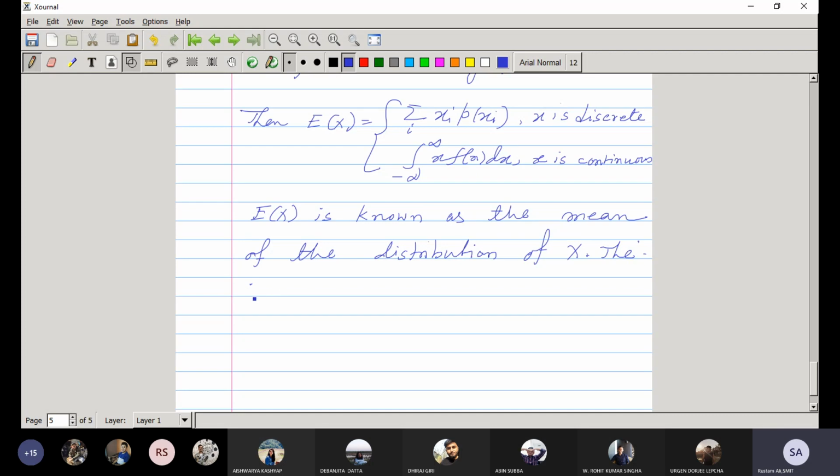You can use these notations to denote the mean.